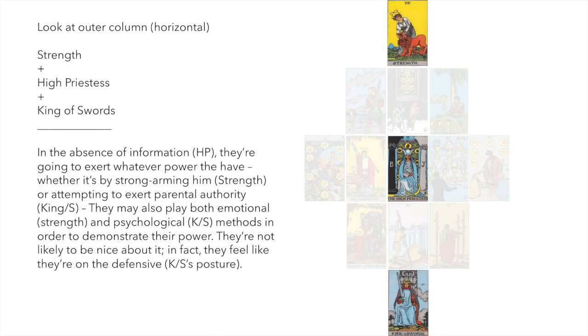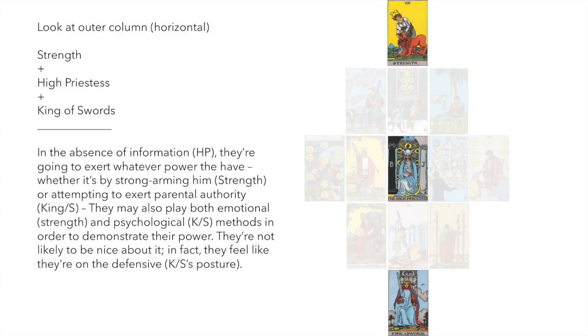So then we look at the horizontal column now, the outer column, and we've got Strength, the High Priestess, and the King of Swords. So in the absence of information, which is the High Priestess, they're going to exert whatever power they have, whether it's by strong-arming him or being the parents of, if you live under my roof, and they may make this both emotional and psychological, right?